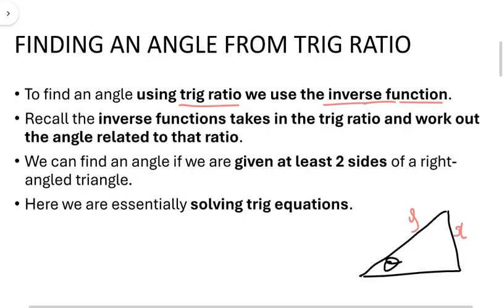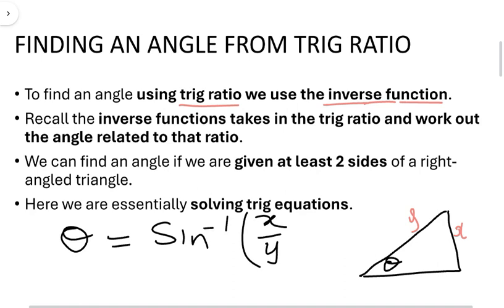So you would say, okay, theta is an angle, so theta is going to equal sine inverse of x over y, because now you have to substitute a ratio so that you get an angle, unlike in the case before this one where we were substituting theta so that we get a trig ratio.